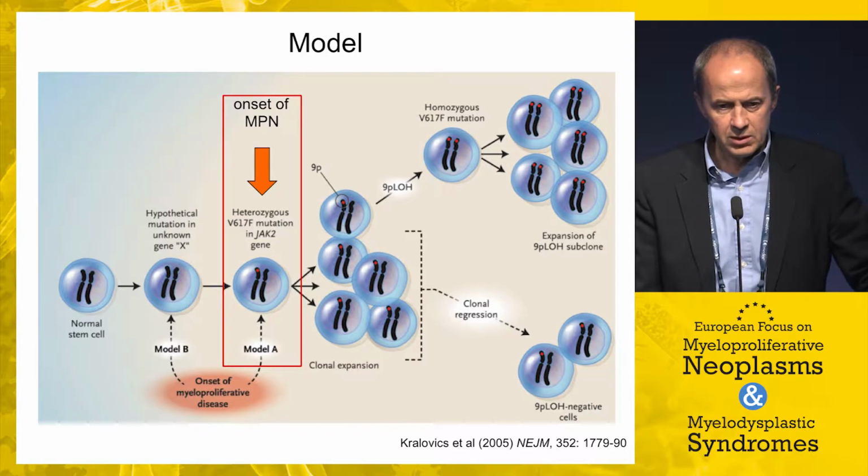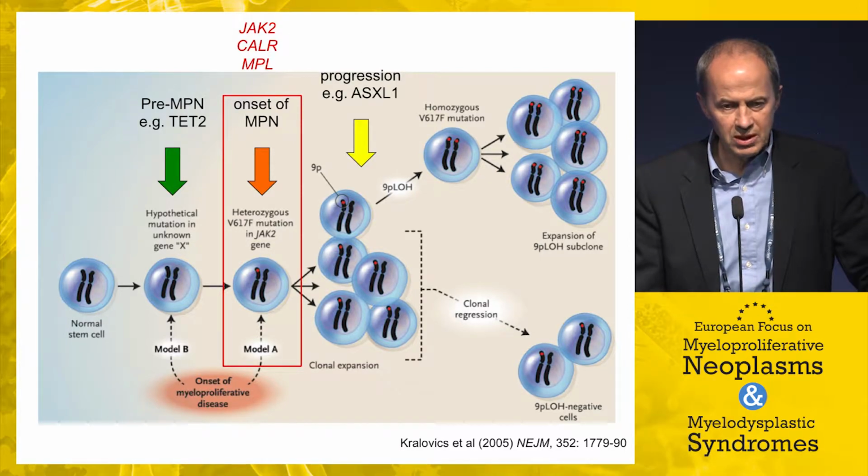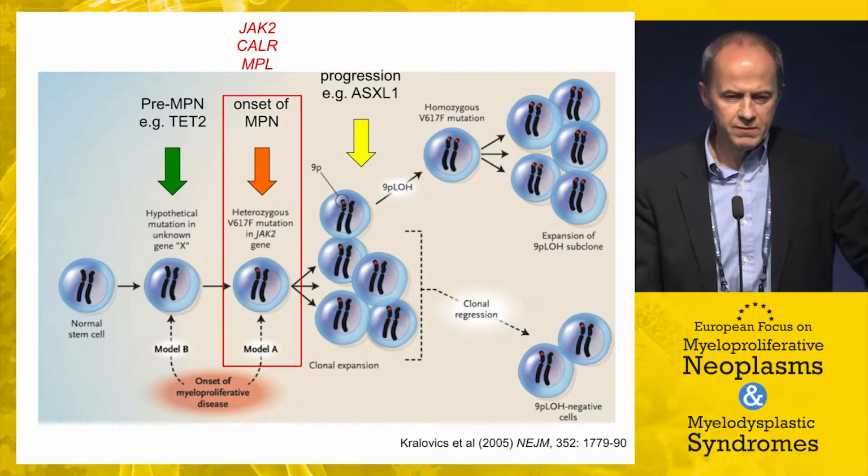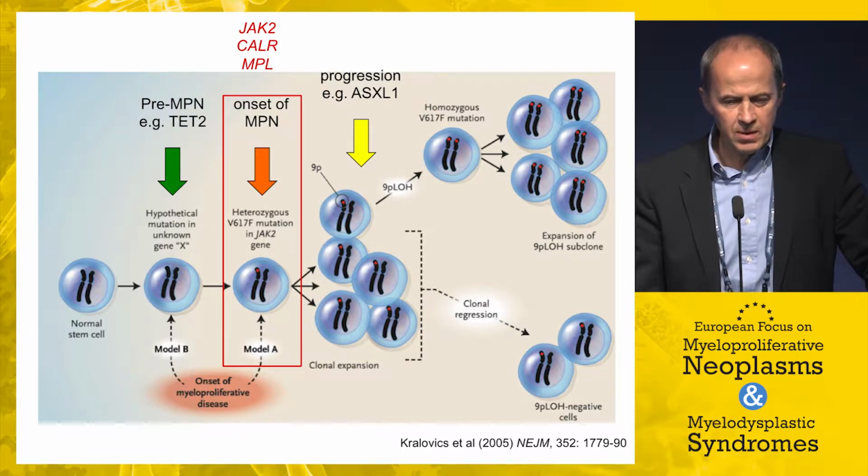We also found early on that some mutations can precede the acquisition of the driver mutations, and in fact the same gene in some patients can precede, and in other patients can come after the acquisition of driver mutations.